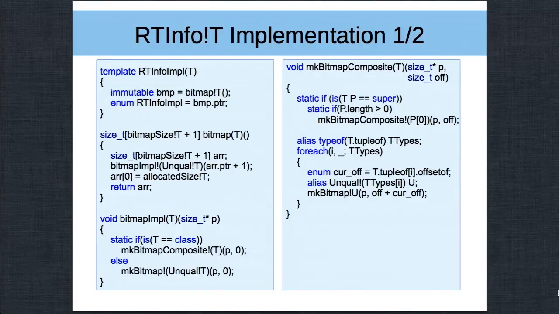Here we enter CTFE from template information. We enter CTFE to generate that bitmap as an immutable data structure. Well, I don't want to go into every detail, I just wanted to show that it's not really a lot of code.